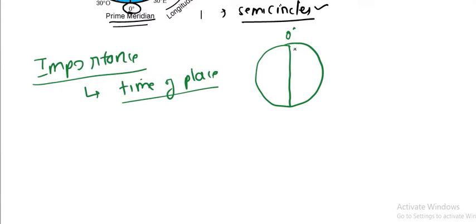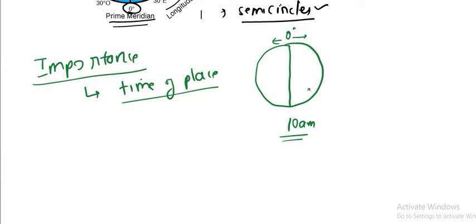So as we move towards the east or towards the west, what will happen? As we move towards the east of any longitude, the time will increase. For example, if at 0 degree longitude the time is 10 AM.